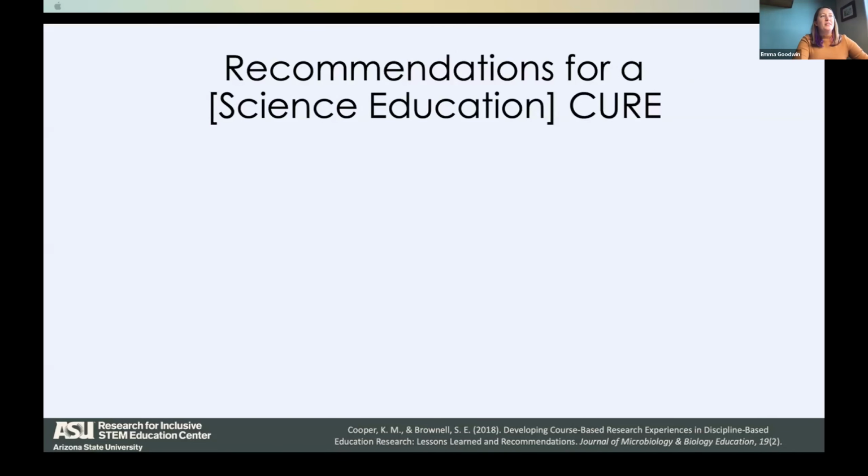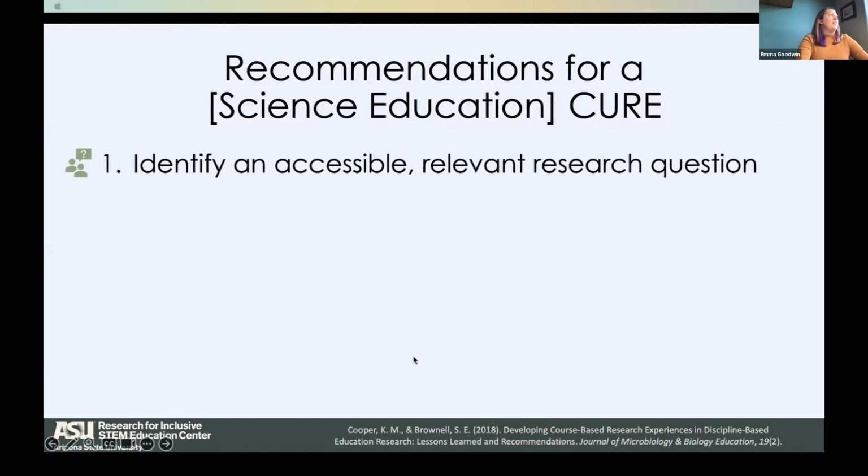So Katie Cooper and Sarah Brownell have also published an incredibly useful paper outlining recommendations for a science education CURE. I put science education in brackets because I strongly believe that these recommendations are excellent for every single CURE. So I love this paper, highly recommend it. The first recommendation is to identify an accessible and relevant research question.